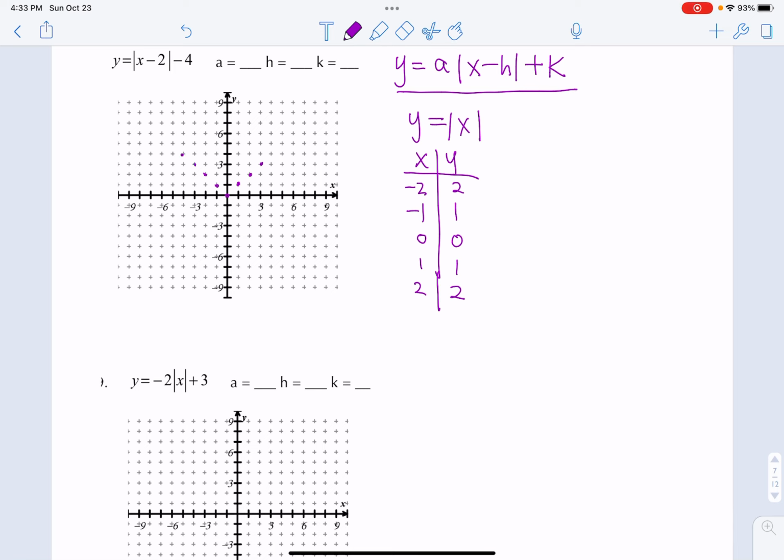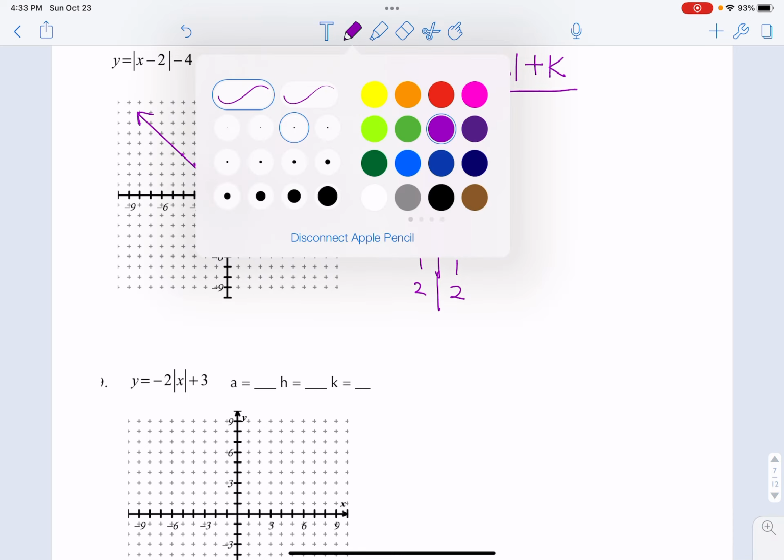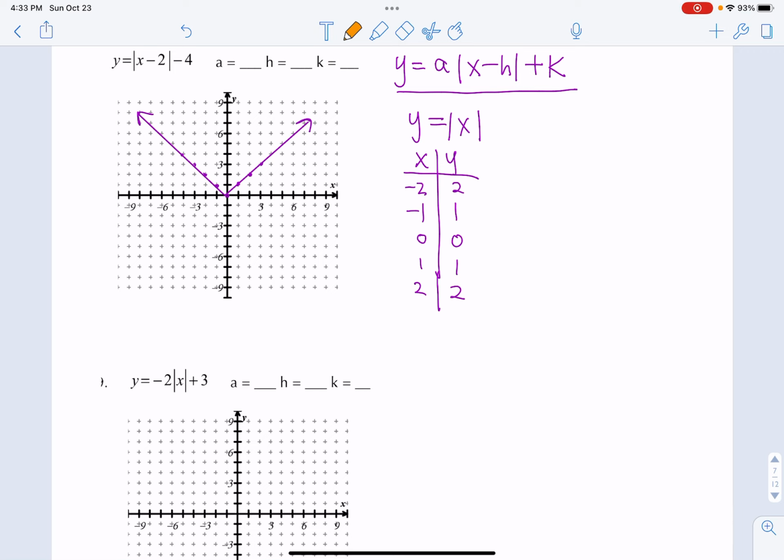So the graph will be like this, and then the other way like that. And for the equation, it moves 2 to the right, so h will be 2, k will be -4, a will be 1.